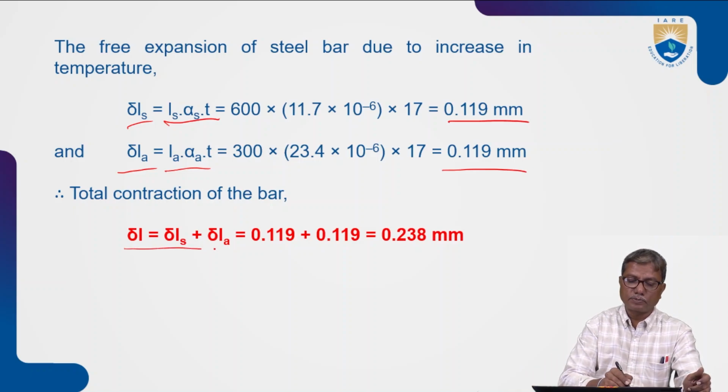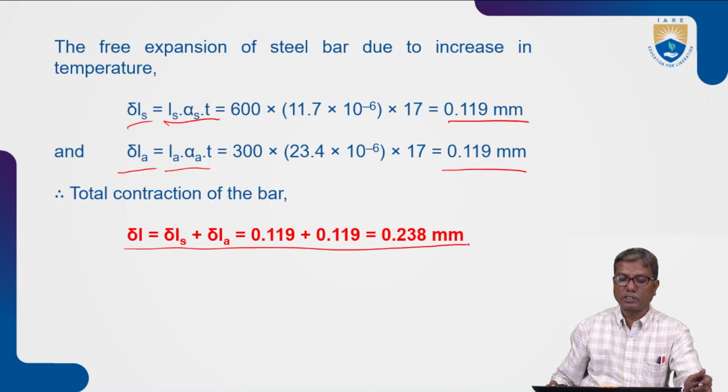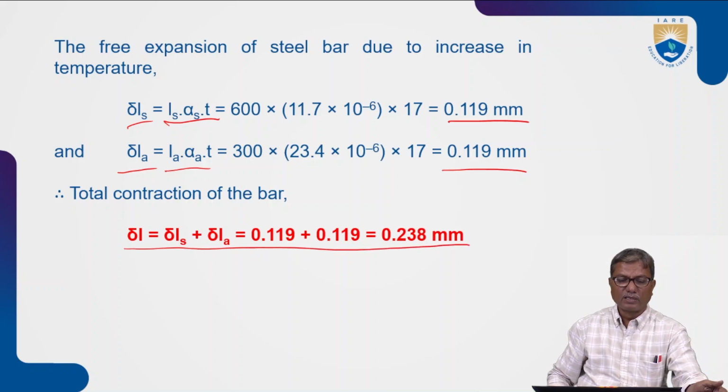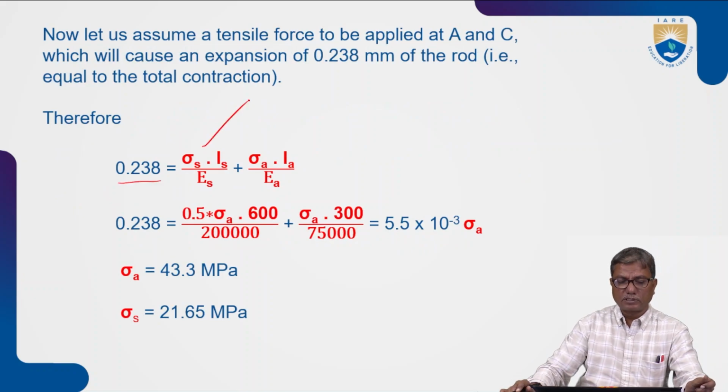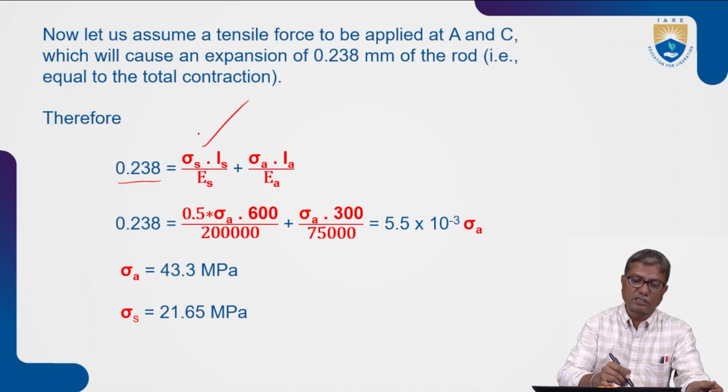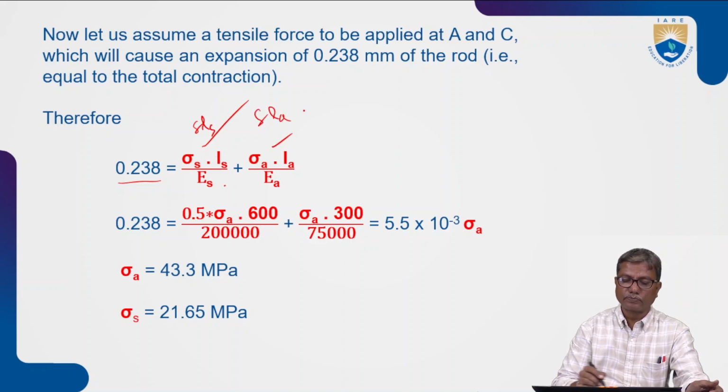So the total expansion is 0.238 mm. So if it is free to expand, then the stress is sigma s into Ls by Es, delta Ls is given by this, and delta La is given by this.